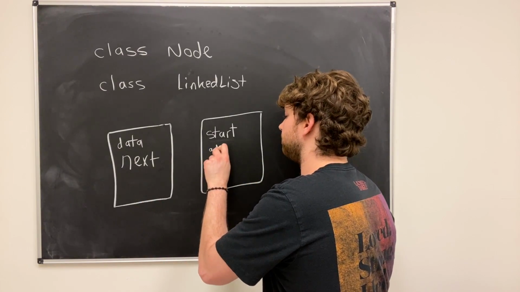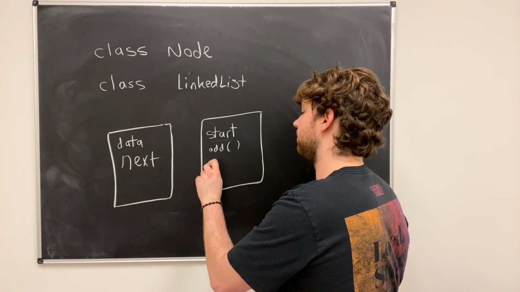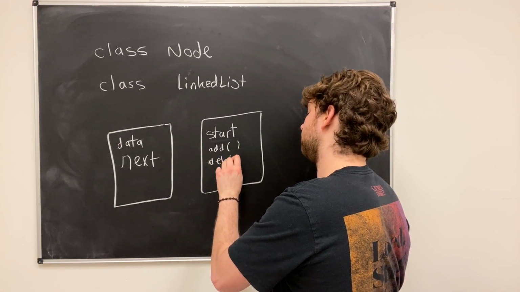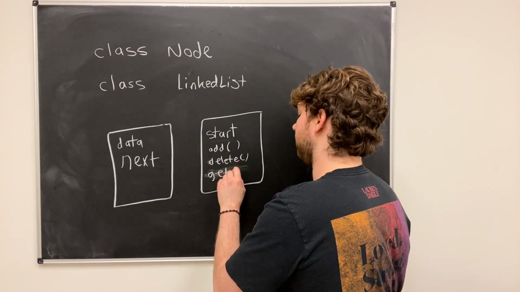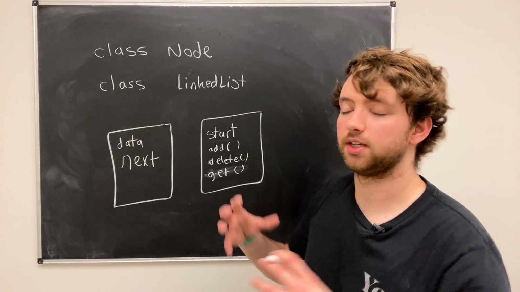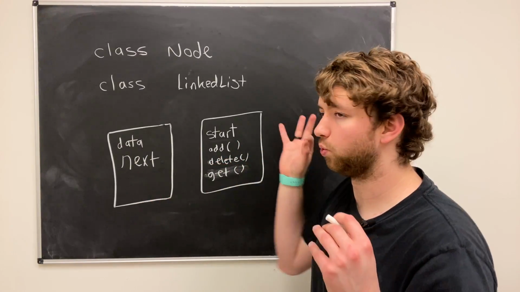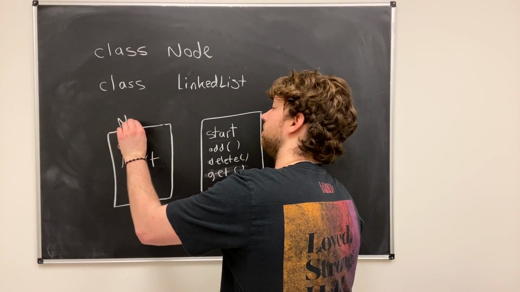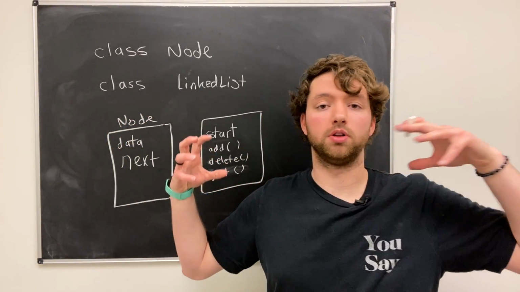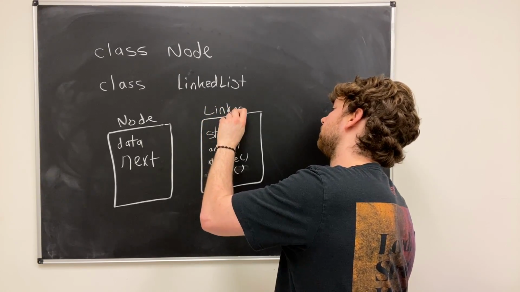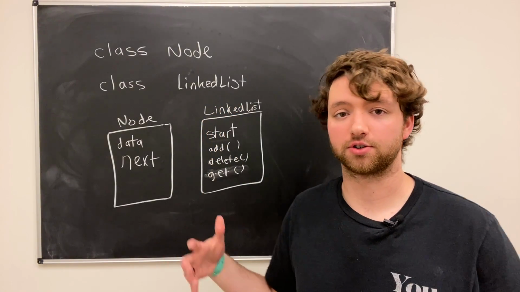So for example, add, delete, maybe a get method, whatever you need that works with the entire list. Anything for one particular node is going to go over here in the node class. Anything to work with the whole list is going to go over here. So that's what your class structure is going to look like.